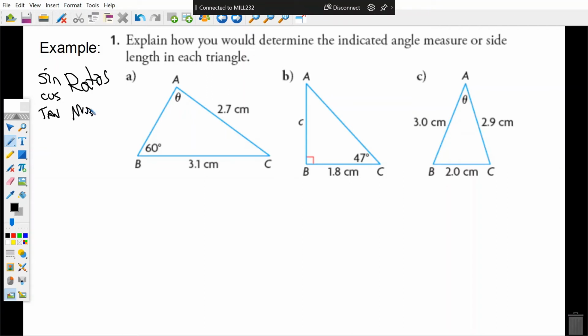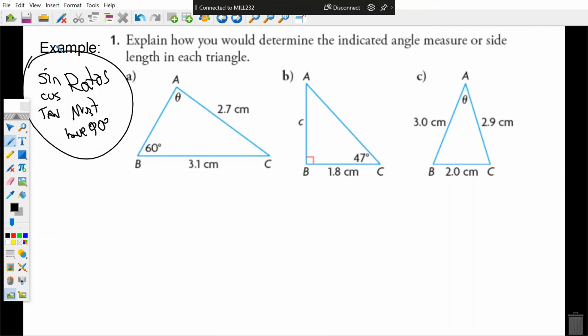Must have 90. If you don't have a 90-degree angle, you can't use those, okay? To use the sine law, I need an angle side pair, right? And then to use the cos law is basically everything else.